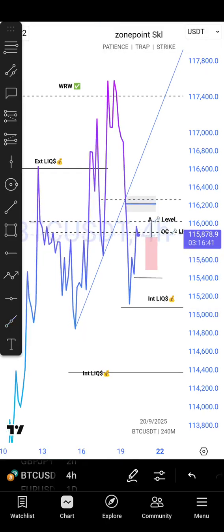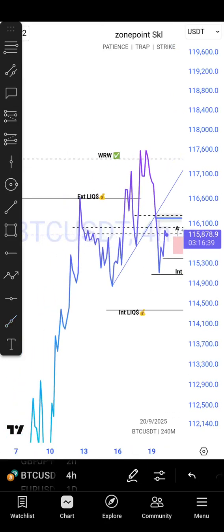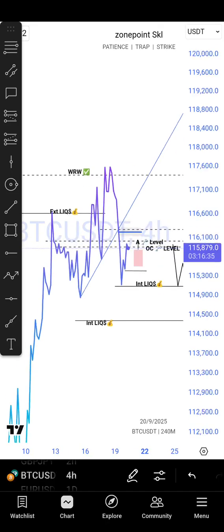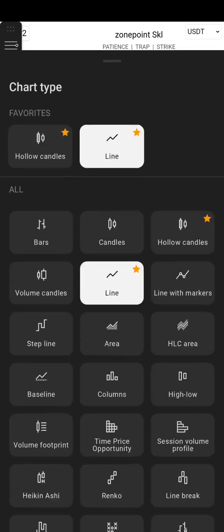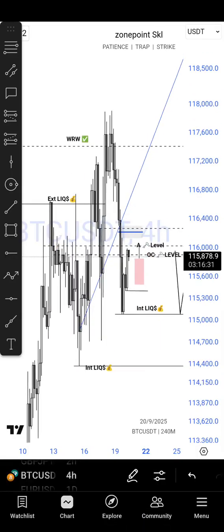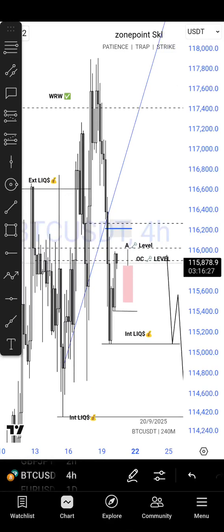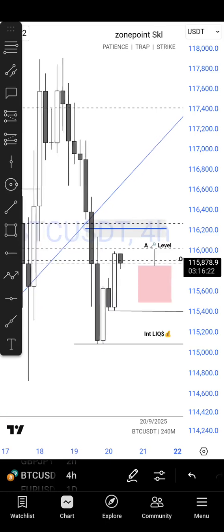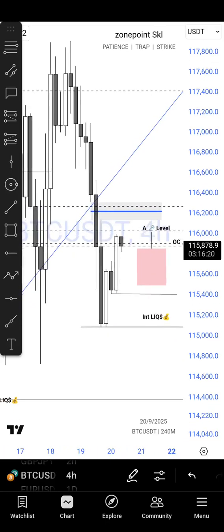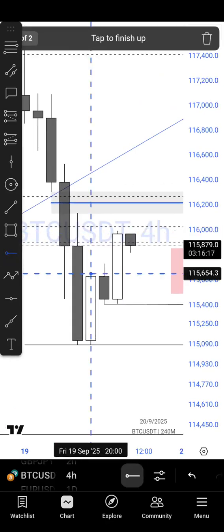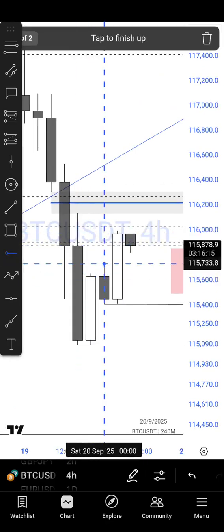If you are using this and this, the key level is far. Let's change it to candlestick. The key level is far because there is a daily key level close to the current candle forming, and there's also a liquidity here that price has taken out.